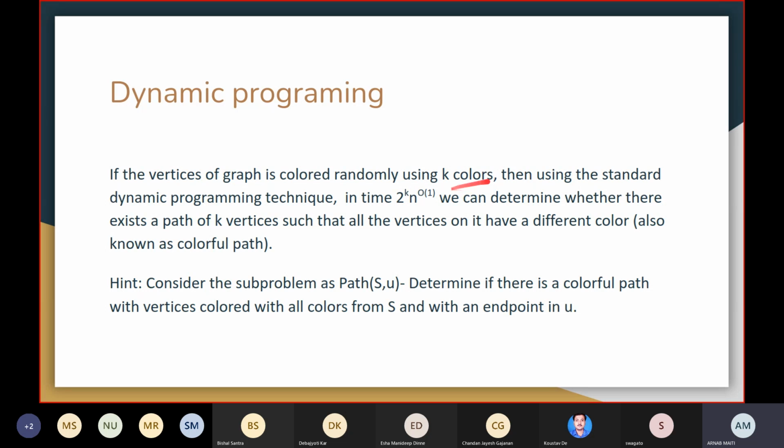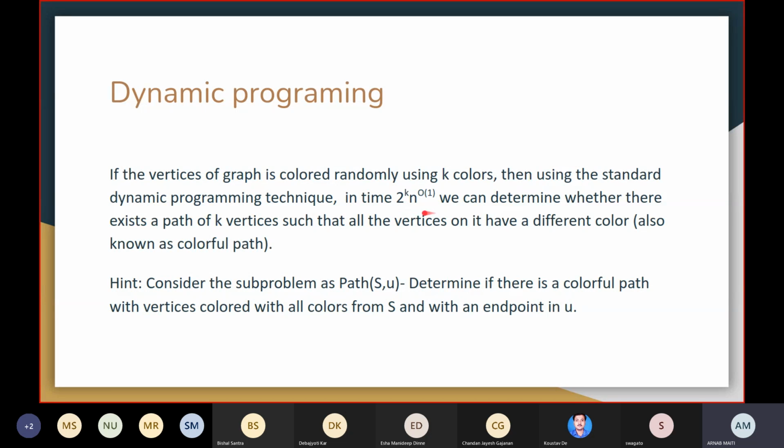If each vertex of the graph was colored randomly using k colors, then using dynamic programming, in time 2 to the power k times n to the power order 1, we can determine whether there exists a path of k vertices such that all the vertices on it have a different color. Such a path we call a colorful path. A colorful path is a path where all the vertices have a different color.